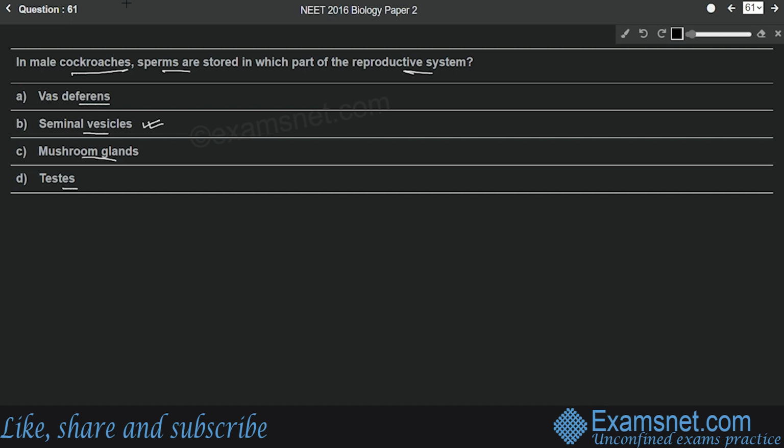What happens? The formation of sperms or spermatogenesis, that is the formation of sperms, takes place in the primary sex organs in cockroaches, and that is none other than testis. So it looks something like this.